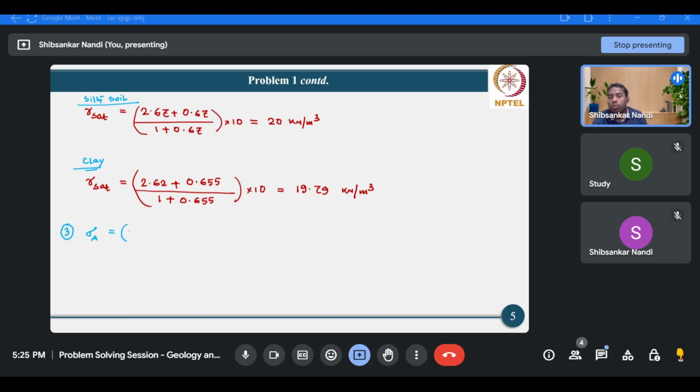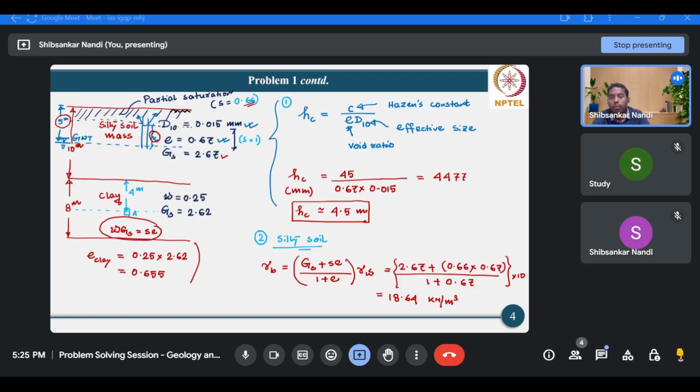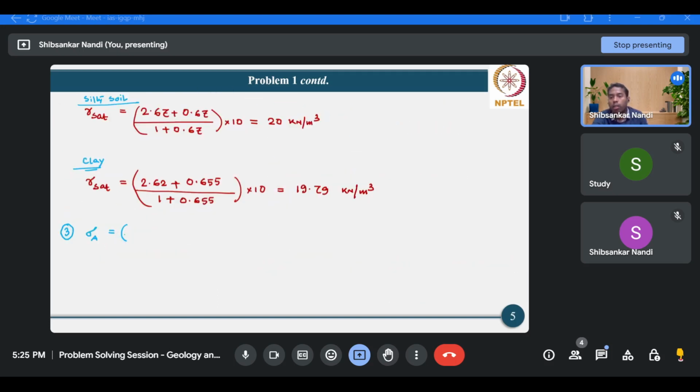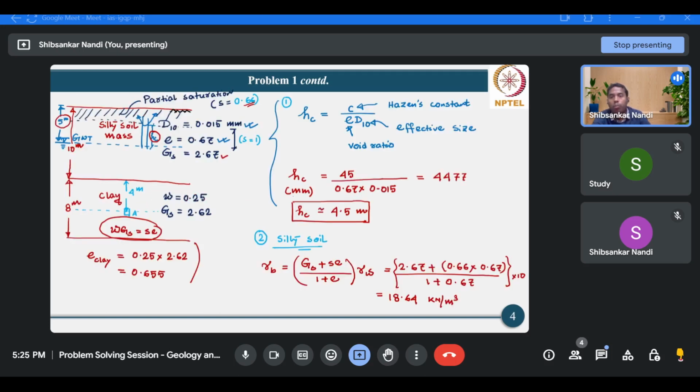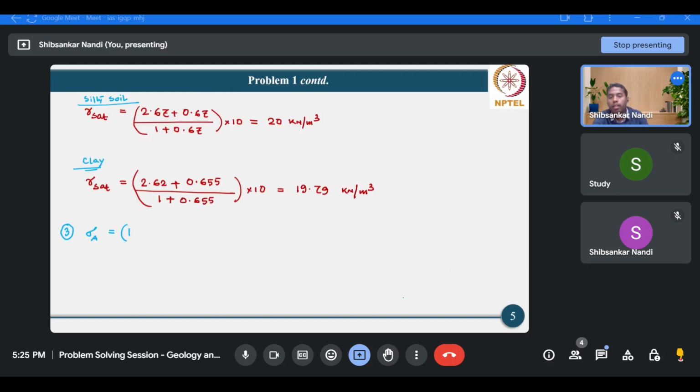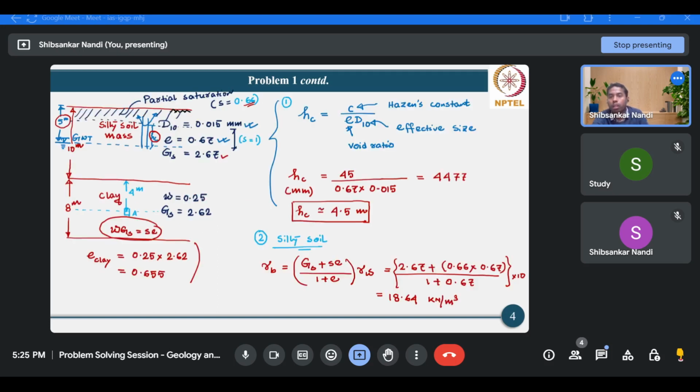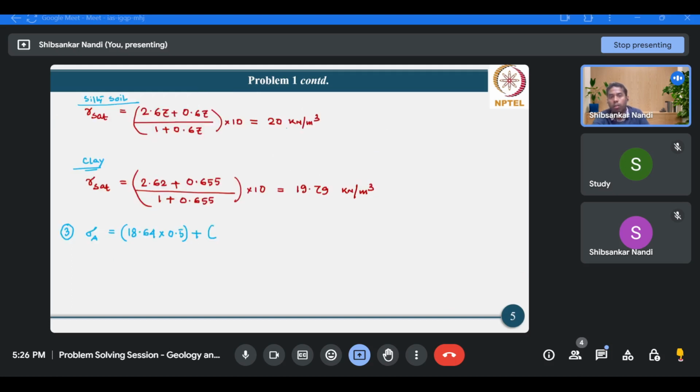Okay, so we'll start from the very beginning. The calculation of sigma will be like this: the initial 0.5 meter, which is partially saturated, has a bulk unit weight of 18.64. So 18.64 multiplied by 0.5, plus this 4.5 meter, which is under complete saturation, and the unit weight is 20 kilonewton per meter cube.